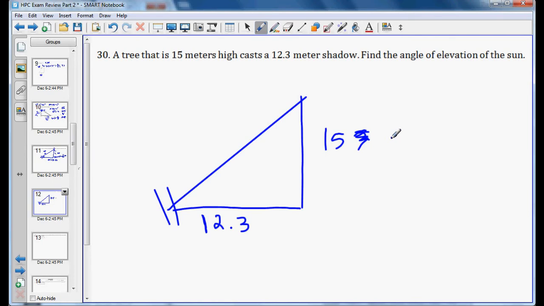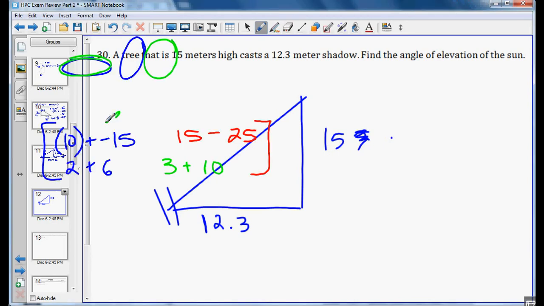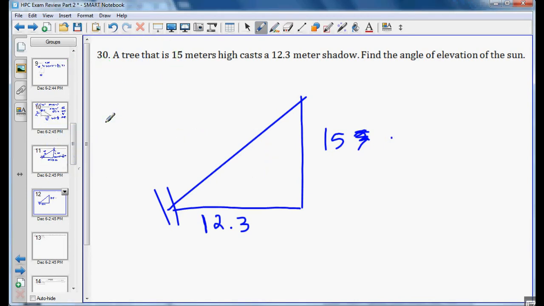Okay, now we know this is the opposite side, and this is the adjacent side. So that tells us to use the tangent. So tangent of this angle we don't know, we'll call it x, is equal to the opposite over the adjacent. So to solve for that, anytime we're trying to solve for the angle, we need to use arctangent or inverse tangent.